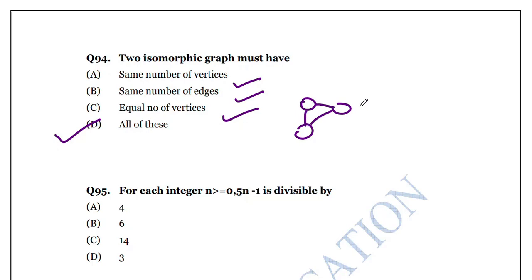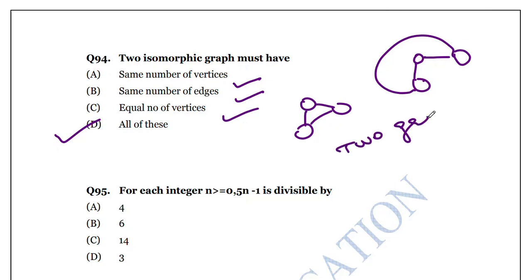See here, the same graph can be represented in any form, like this or like this. So if you find, remove this, these two graphs are isomorphic.